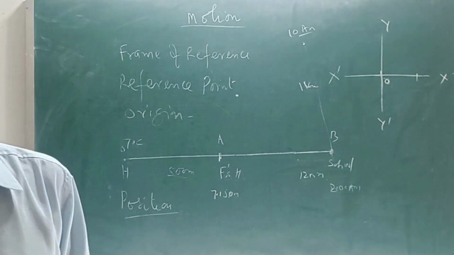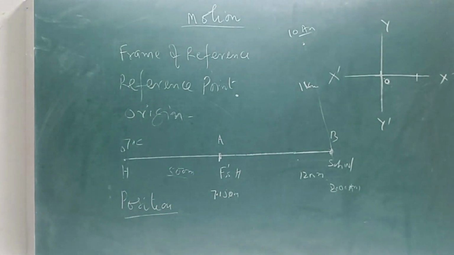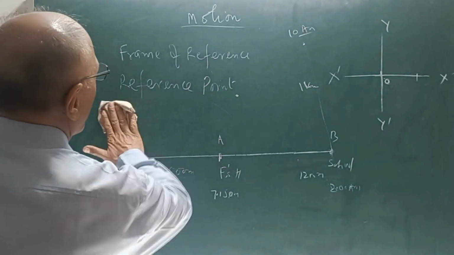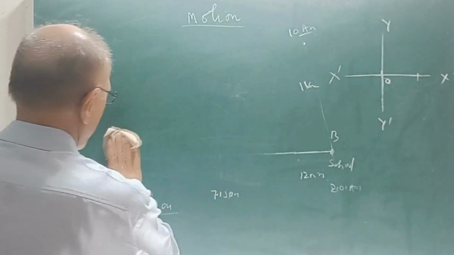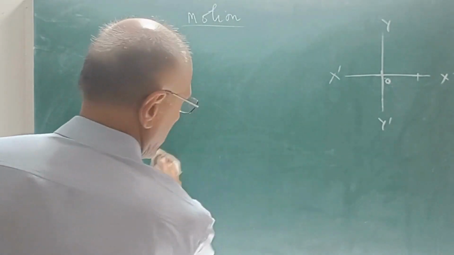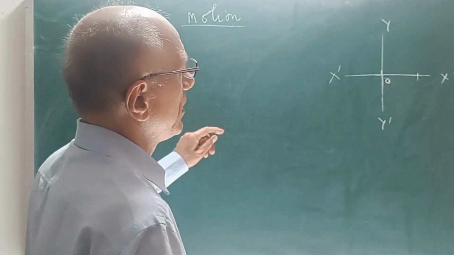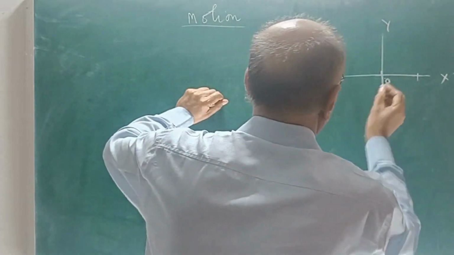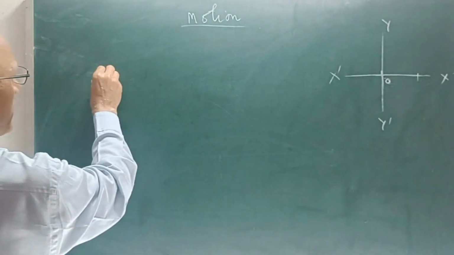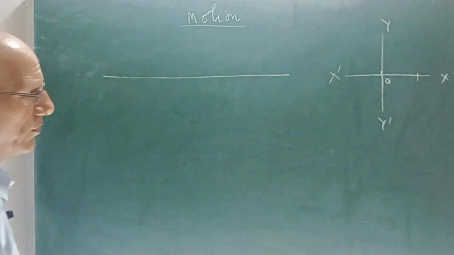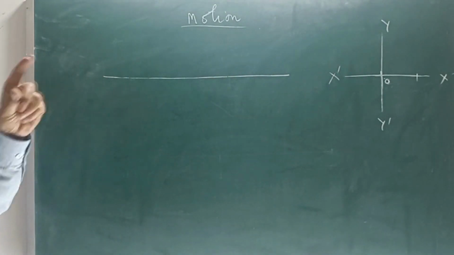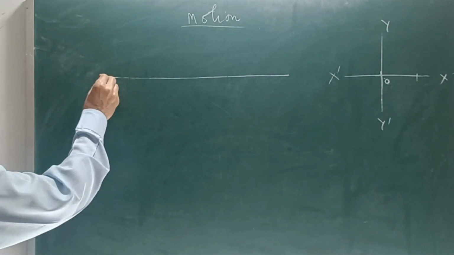Now we will take another example. This is the two dimensions x and y. If it is only one dimension, it is a straight road only from your house to somebody else's house or some school or market.